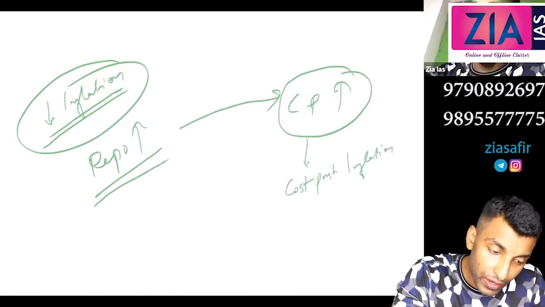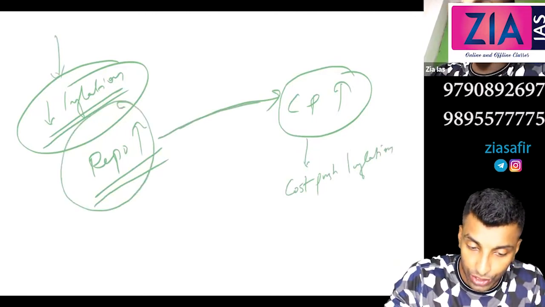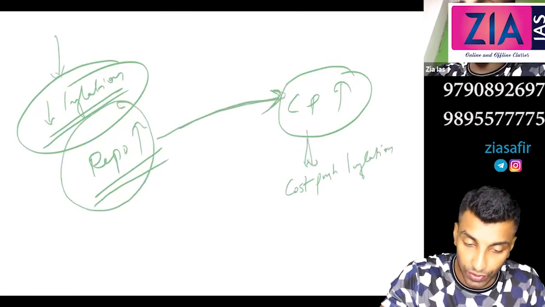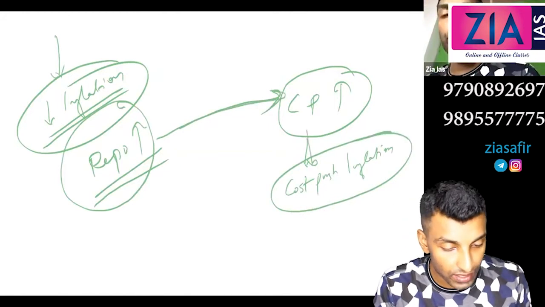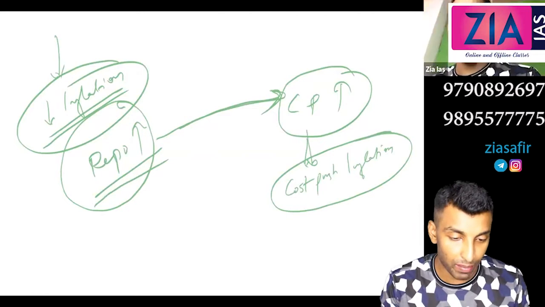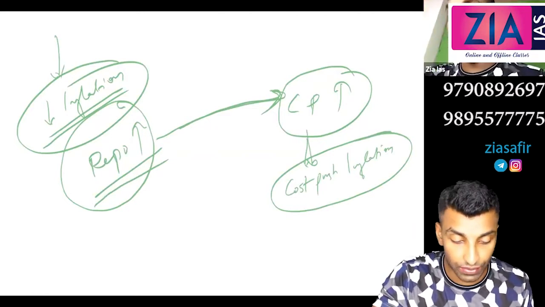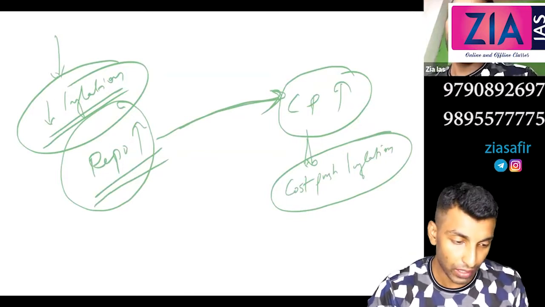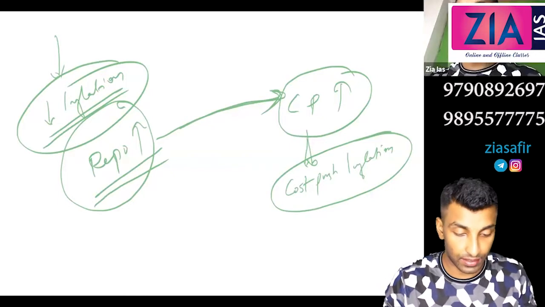So demand pull inflation, to control that you increase repo rate, that leads to increase in cost of production, and that leads to cost push inflation. So can we say by increasing repo or policy rates, the government or RBI can effectively control inflation? There are always limitations for these tools. You understood? Next one, increase in indirect taxes.